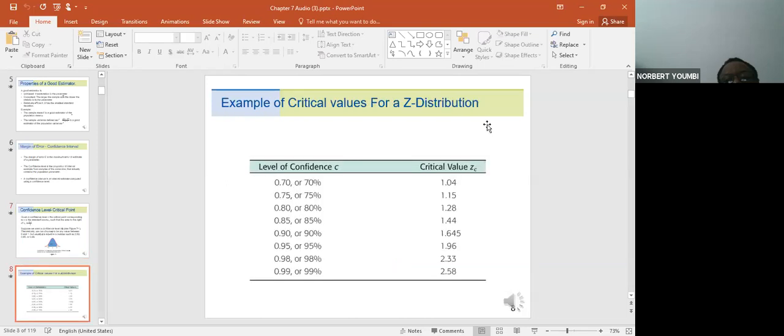In general, we have on this table the possible ZC given a confidence level C. These are the most common critical values that are used. For example, for 90%, the critical value is 1.645. For 95%, the critical value is 1.96. For 99%, the critical value is 2.58.